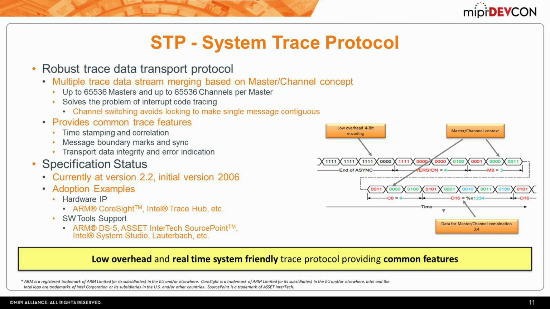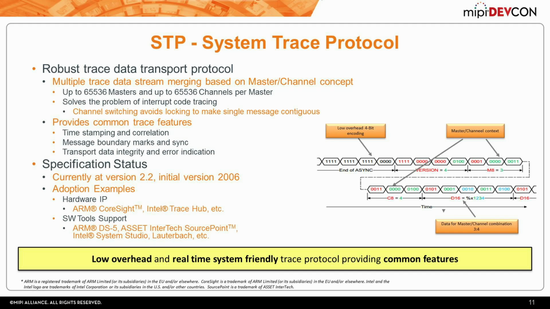There's a 32-bit ID space, where the data is tagged with the channel it belongs to. This is partitioned by masters and channels. So there are up to 64K masters, with up to 64K channels each. So STP can combine 4 GB of streams in theory at max.